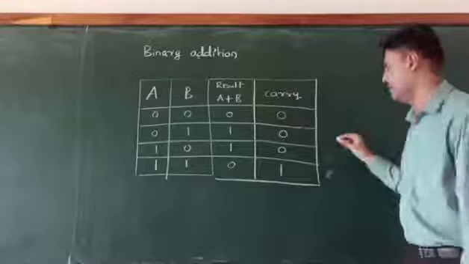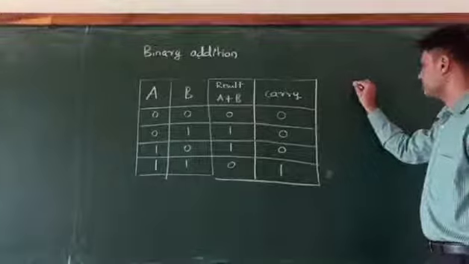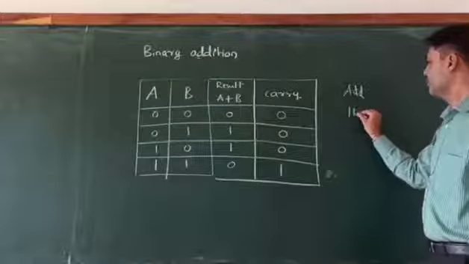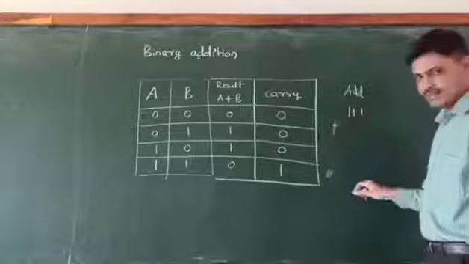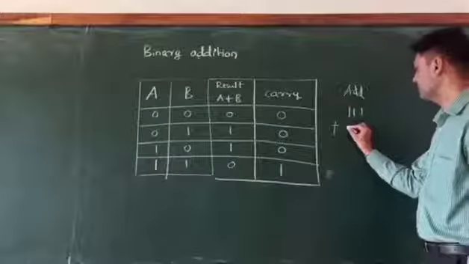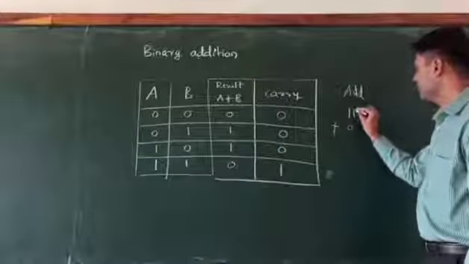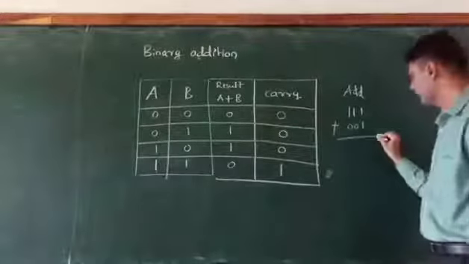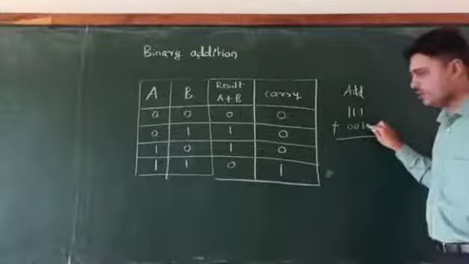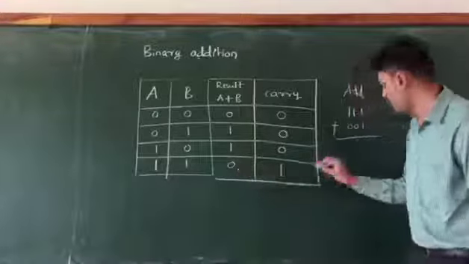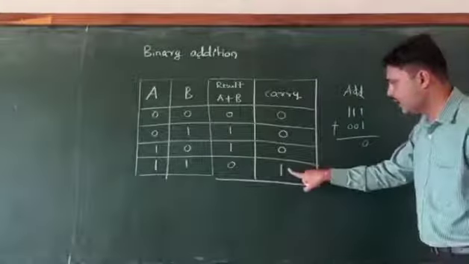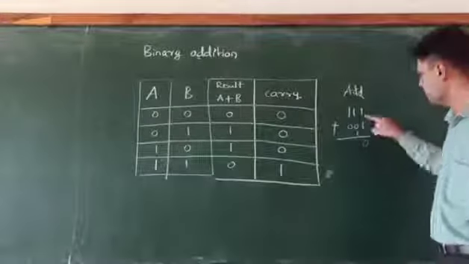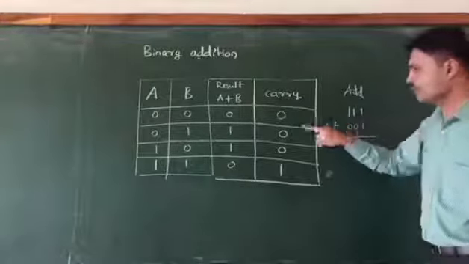Take an example. For example, add 111 plus 001 here. 1 plus 1 is 0, carry is 1. 1 plus 0, 1.